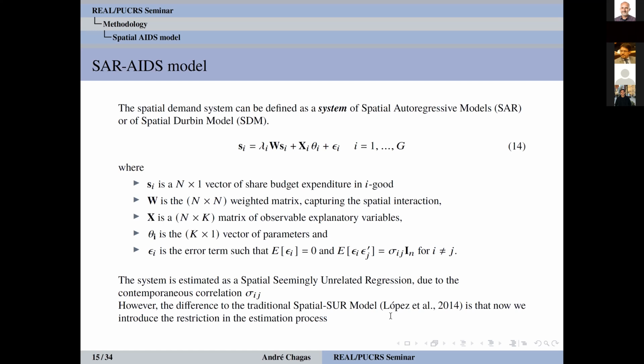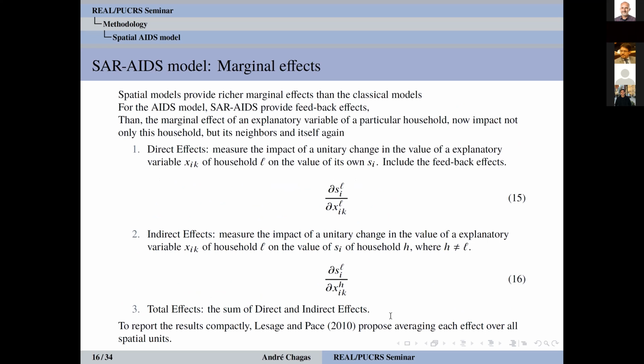And as traditional in these models, now we have richer marginal effects, not only the marginal effects of the family in itself, but the family on the neighbors and the neighbors on the family again. This in the spatial literature is named direct effects and indirect effects. Direct effects look to the whole feedback effects of the family on itself, and the indirect effects look to the average effect of the family on the neighbors, and the total effect is just the sum of these two effects.